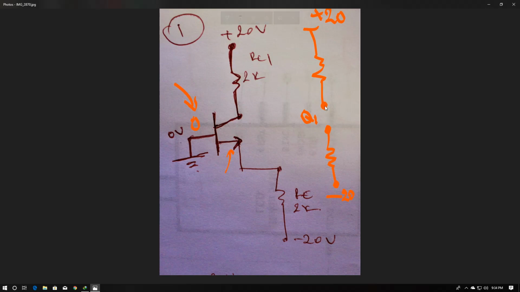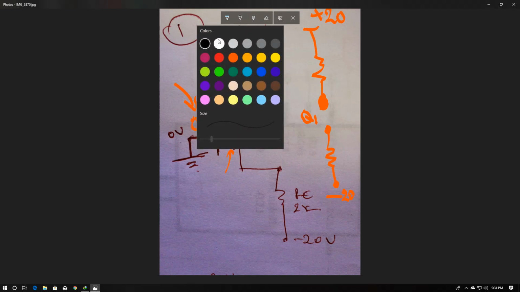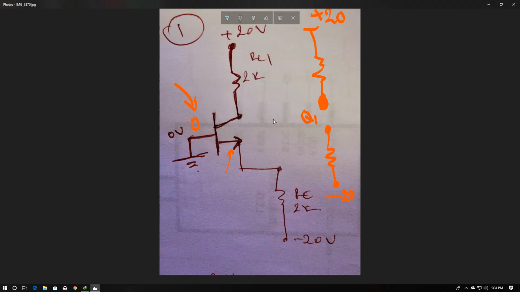Now, if I ask you to measure the voltage at this point with respect to ground, what are you gonna measure? What are you gonna see? Remember, ground is 0 volt. If I had to put one probe of a multimeter at this point and the other probe on ground, wouldn't you just see this part like this on top here?